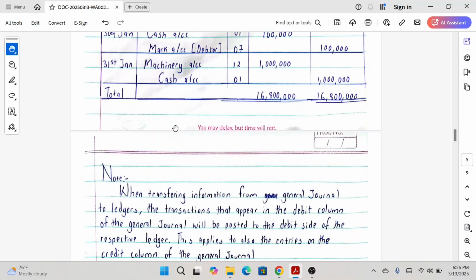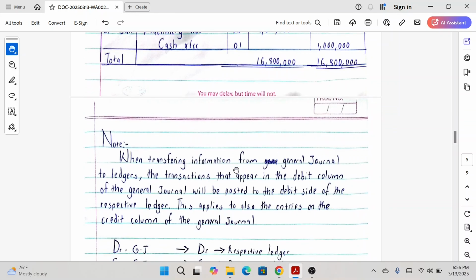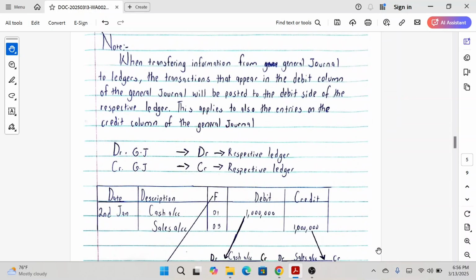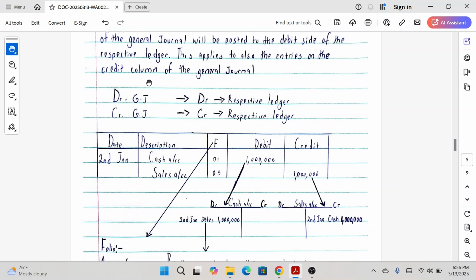I want you to note when you're transferring information from this general journal up here to the ledgers, the transactions that appear in the debit column, these ones here, I've picked out transaction number 2. Transactions that appear in the debit column of the general journal will be posted to the debit side of the respective ledger. This is what I mean.